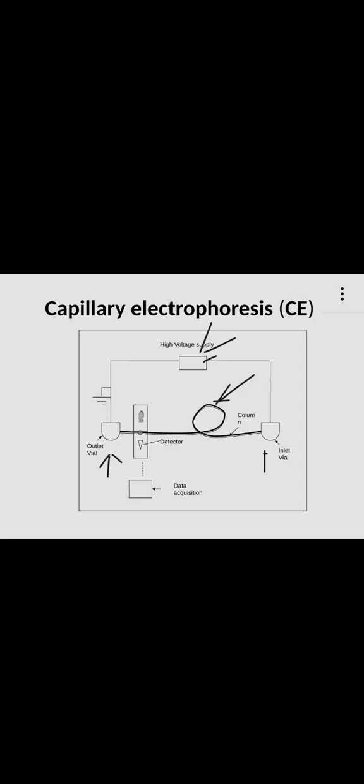So they may be bare, just fused silica, or they may be coated with polyimide. They have an internal diameter of between 50 and 100 microns, and the length is between 25 and 100 centimeters.